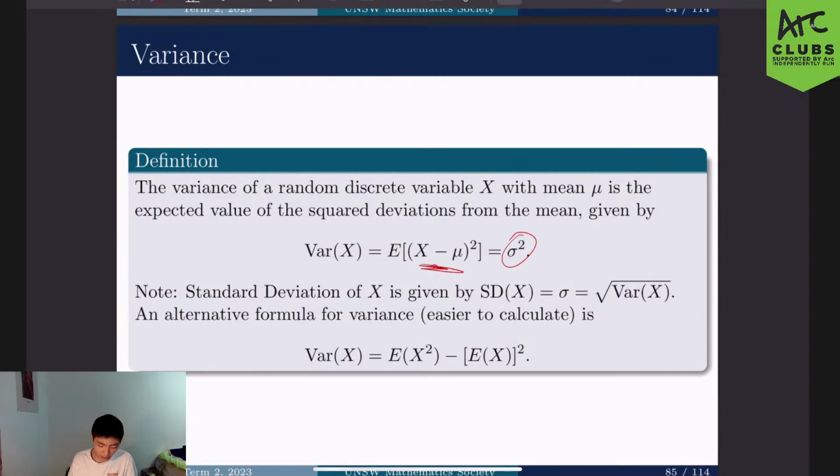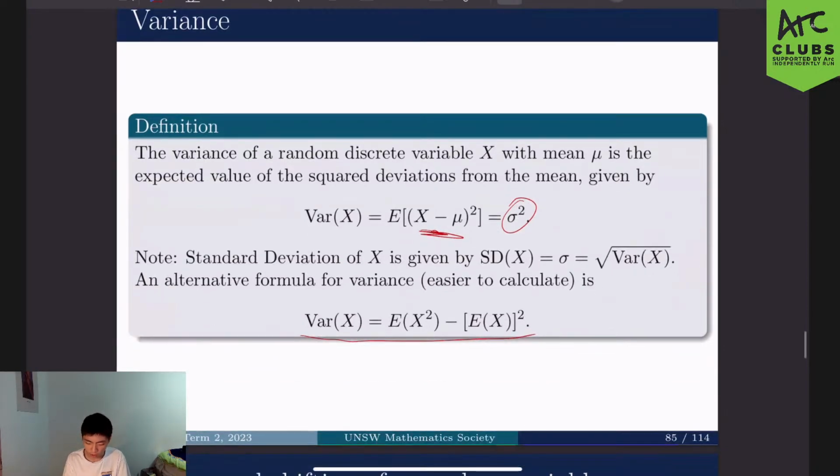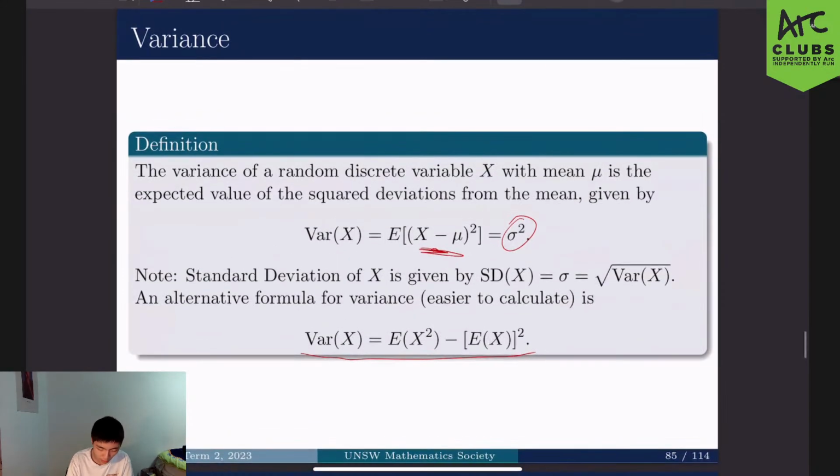Okay, this is another formula to find the variance. This is generally more useful. Quickly, we can derive this from the equation above, which is the definition, if we just expand this out. This is equal to E of X squared minus 2 E of X mu, plus mu squared, because these are constants.